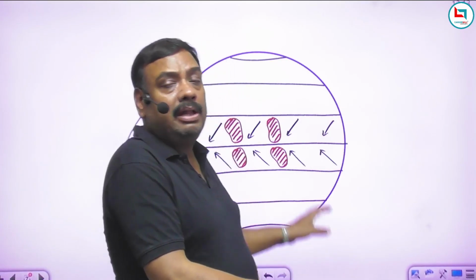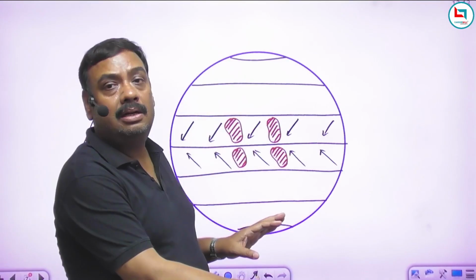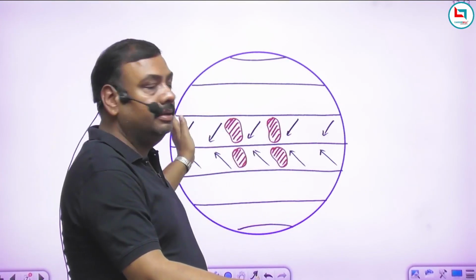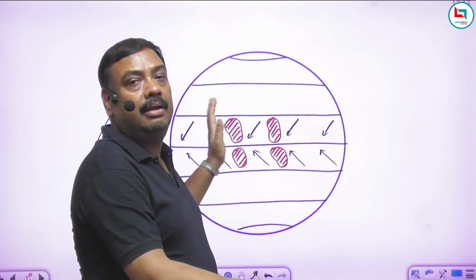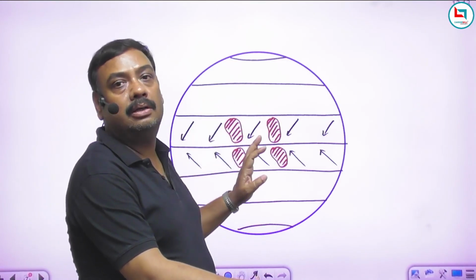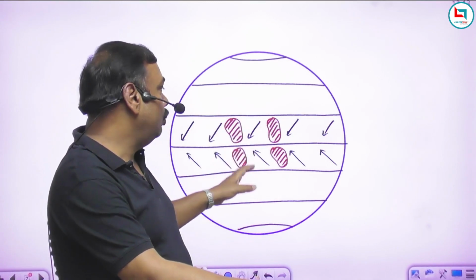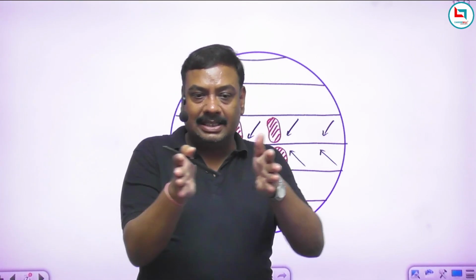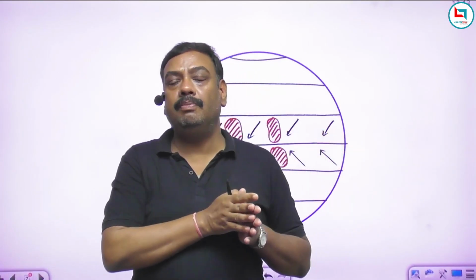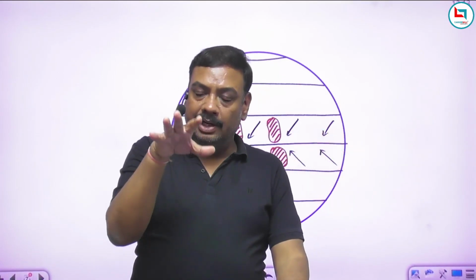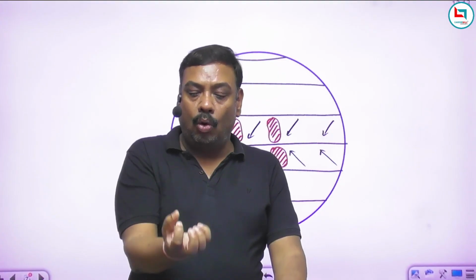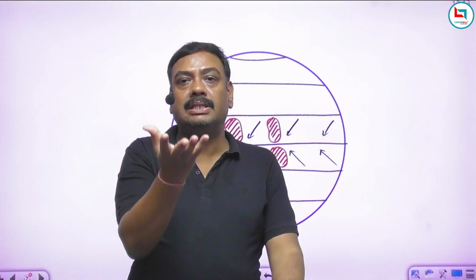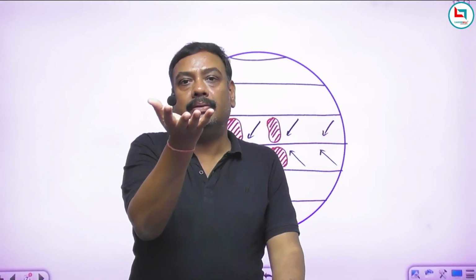When we talk about the west coast of the continent, there is dragging away of the warm ocean water from the coast. When a portion of water is dragged away from the coast, the region becomes vacant, and so cold water from below the surface upwells there.